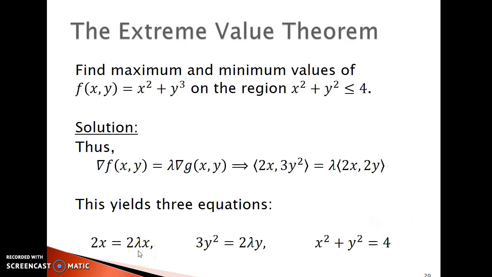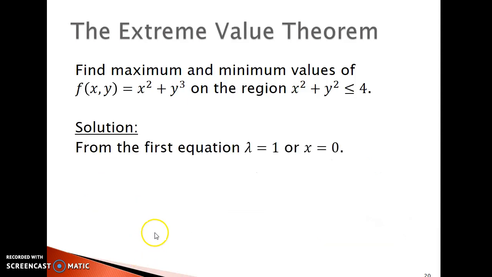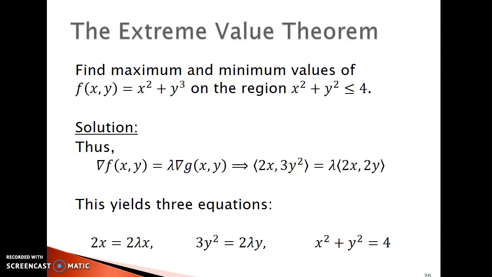From the first equation, we get two solutions. Either lambda is equal to 1, because then you'd have 2x equals 2x, or x is equal to 0, then you'd have 0 equals 0. We can then take those two solutions and find out something more from the other equations. For instance, if we take x equals 0, we can plug it into our constraint equation to find out what y is equal to.